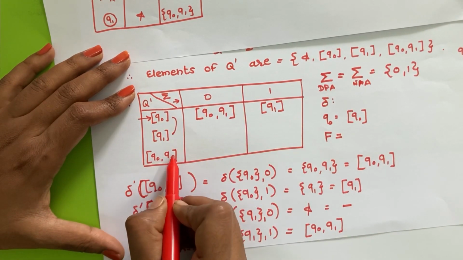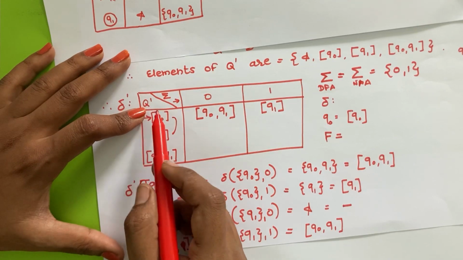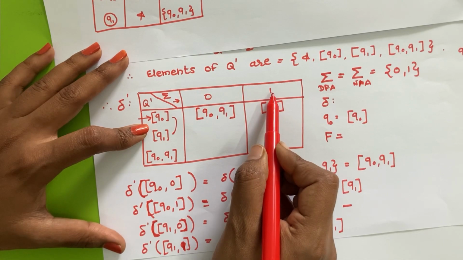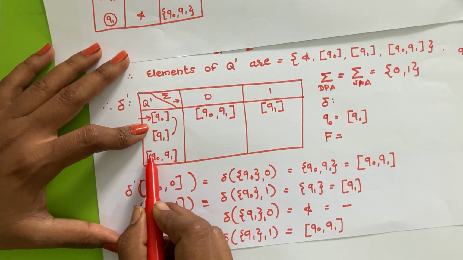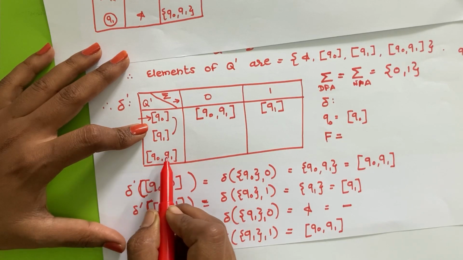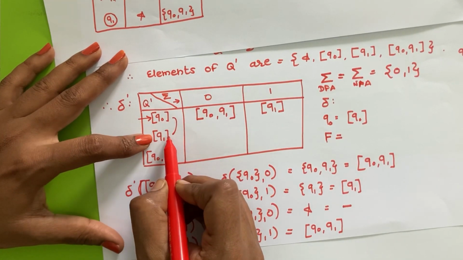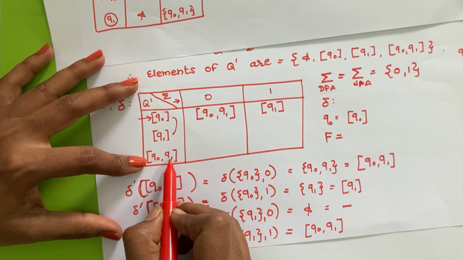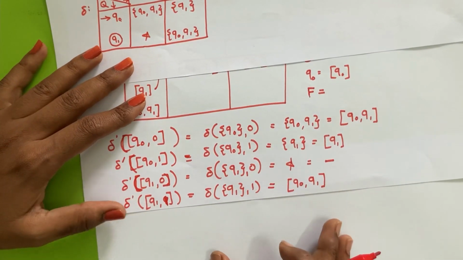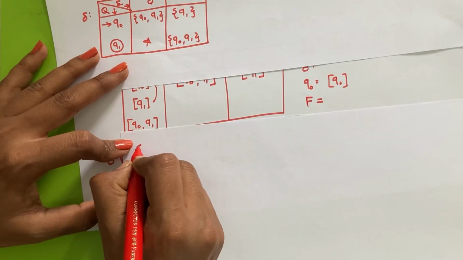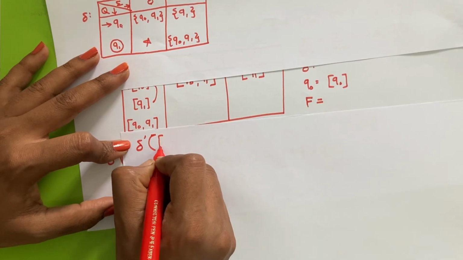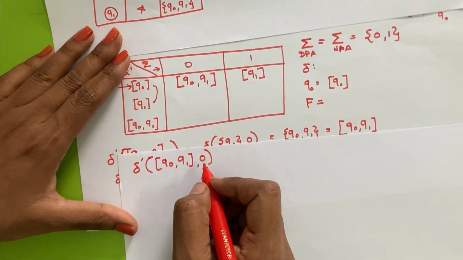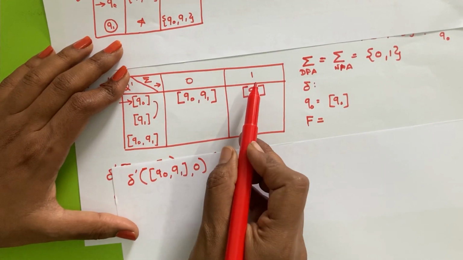Okay, so this is the newly added state in Q'. We have to again find out the transitions for 0 and 1 input symbols for state Q0 Q1. This is a single state, not two different states, but its name is Q0 Q1. Later we will rename it. So we will find out the transition for δ' of (Q0 Q1, 0), and likewise for 1.